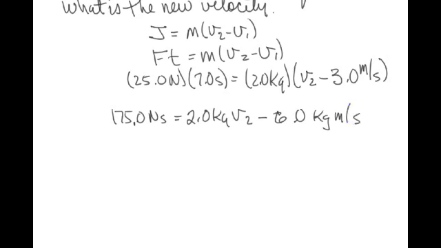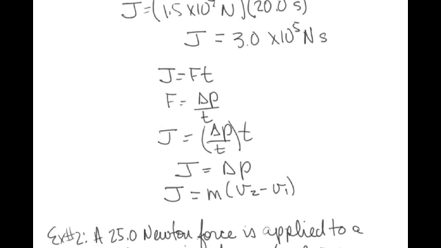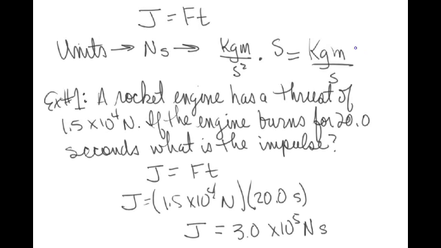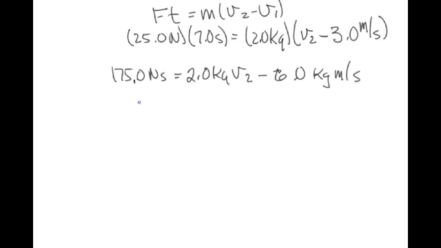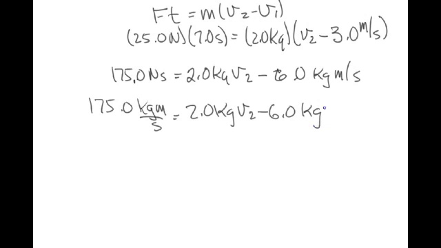Now, if you remember back earlier, we said impulse has ultimately these basic units. So the left-hand side of this equation becomes 175.0 kilogram meters per second equals 2.0 kilograms V2 minus 6.0 kilogram meters per second. Adding 6 to each side, I get 181.0 kilogram meters per second equals 2.0 kilograms V2.